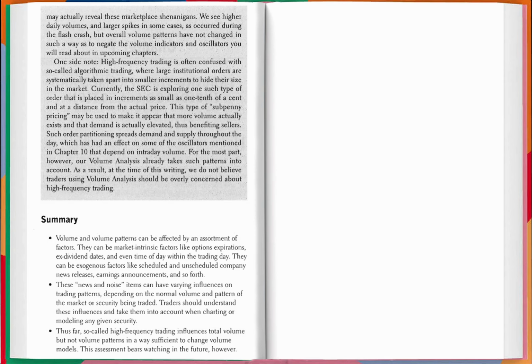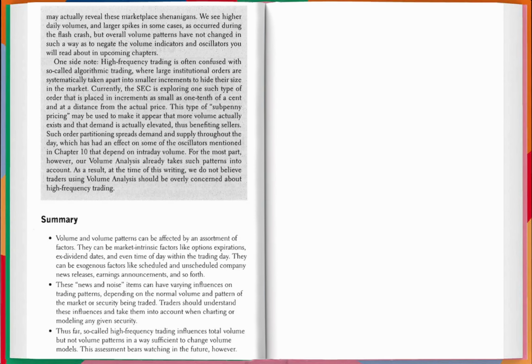One side note: high-frequency trading is often confused with so-called algorithmic trading, where large institutional orders are systematically taken apart into smaller increments to hide their size in the market. Currently, the SEC is exploring one such type of order that is placed in increments as small as 1/10 of a cent and at a distance from the actual price.